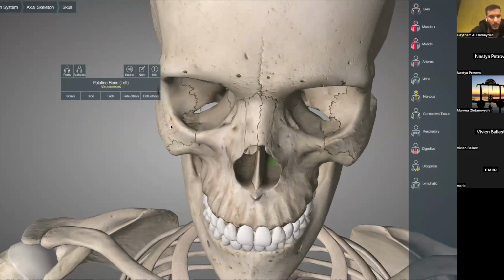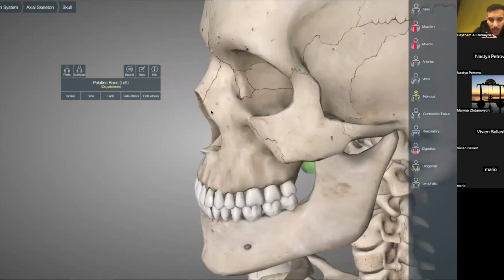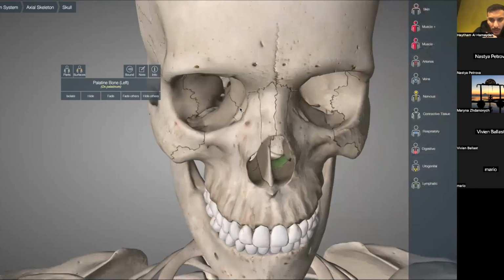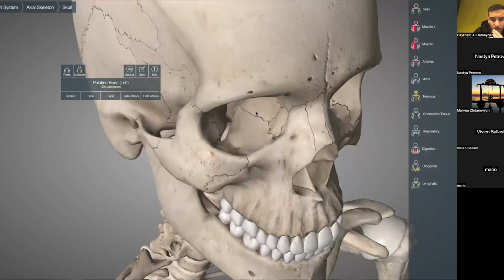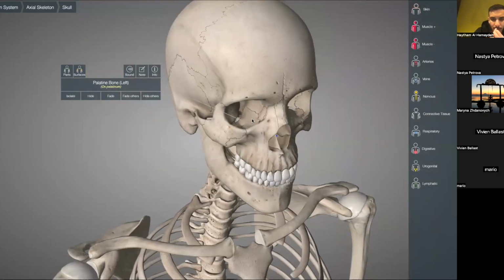Does the palatine reach here? Yes, it does. But I don't see it. Maybe some parts of it. Which plate of palatine bone is there?